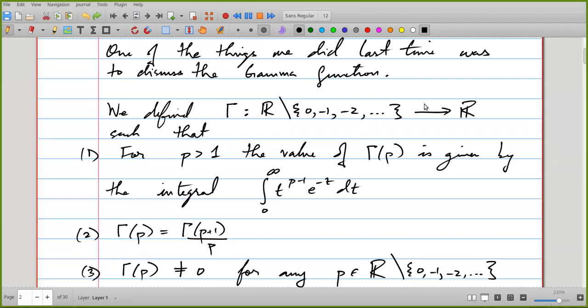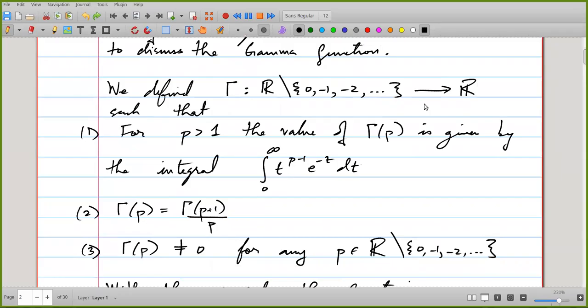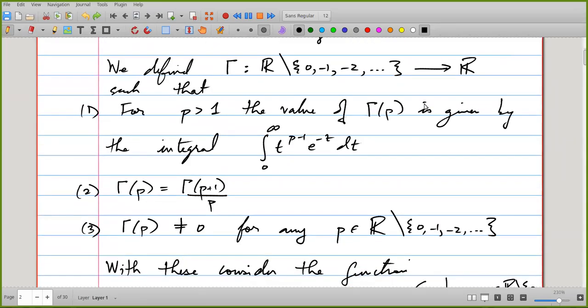So gamma is a map from the real numbers minus the set of the integers 0, -1, -2, and so on, to the real numbers, such that if p is strictly greater than 1, then the value of gamma p is given by the integral from 0 to infinity of t to the power p minus 1, e to the power minus t dt.